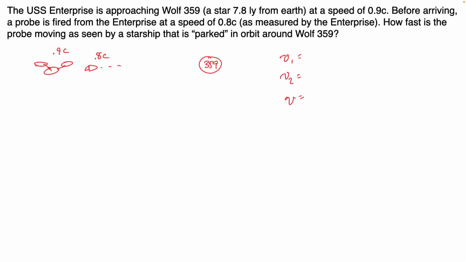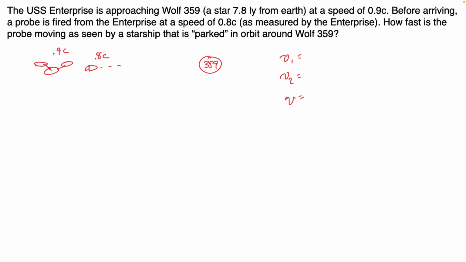The answer is it doesn't matter. If you're consistent with the signs that you choose, you'll get it right. I'm going to choose Wolf 359 as my central observer. It's the one that people will intuitively reach for. They assume stars and planets don't move, right?